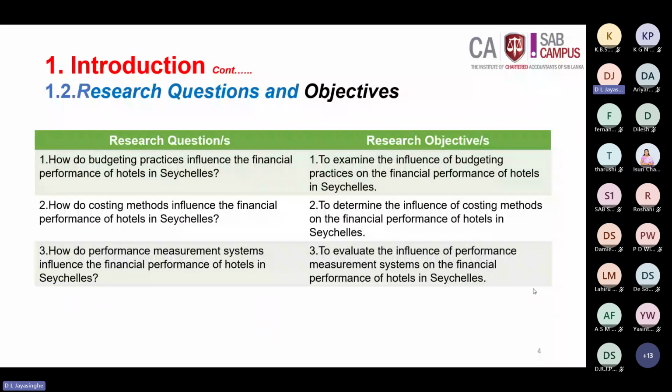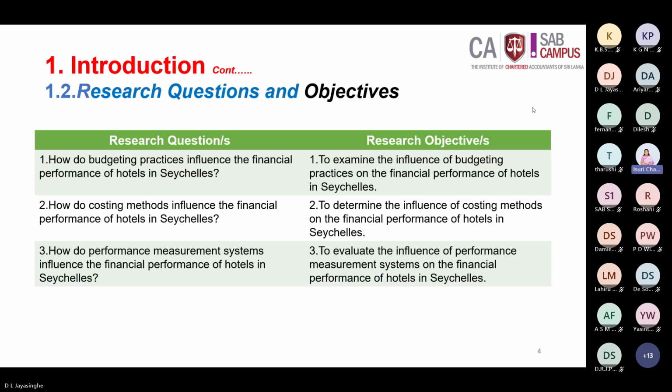How do budgeting practices influence the financial performance? Very good. Costing methods and then the performance measurement system influence. We'll remove the word influence. You just incorporate the word impact rather than influence, because influence normally can't be measured. Okay, madam.